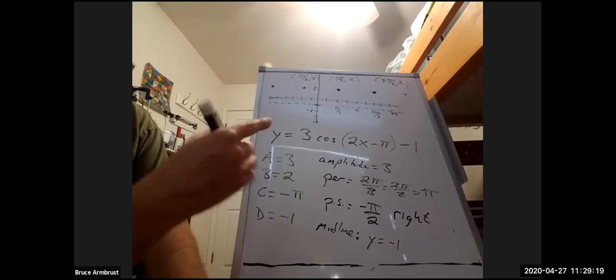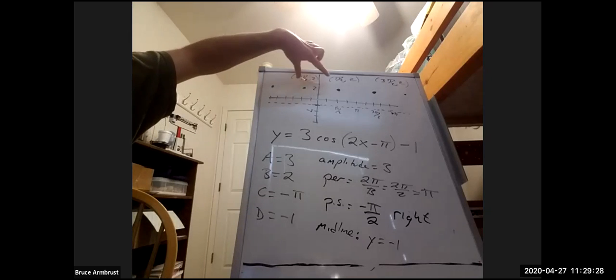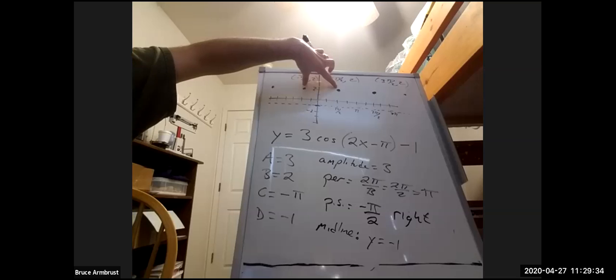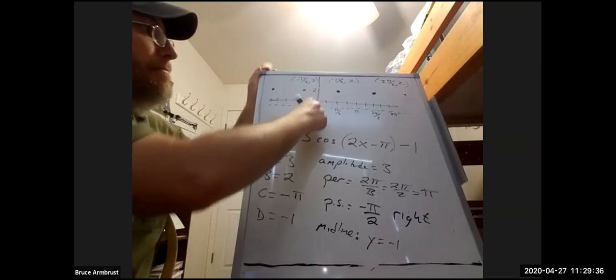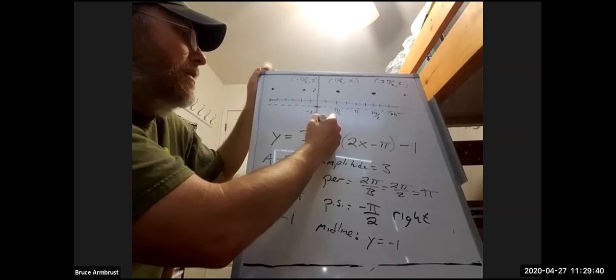All right, so let's go back and find the minima. The minima are going to be located halfway in between the maximum. If we look at, say, these two maximums, they're at minus pi over 2 and at pi over 2. Halfway in between is going to be 0. So at 0, we're going to get a minimum, which is going to be down here at -4.